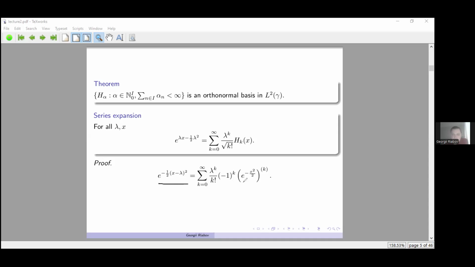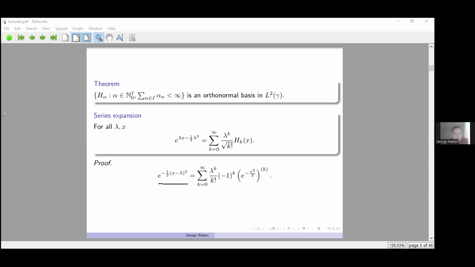Okay, so we will get the following expression. It will be the sum of lambda to the power k over k factorial. Since we differentiate in lambda, we get minus 1 to the power k, and the kth derivative of exponent minus x squared over 2.